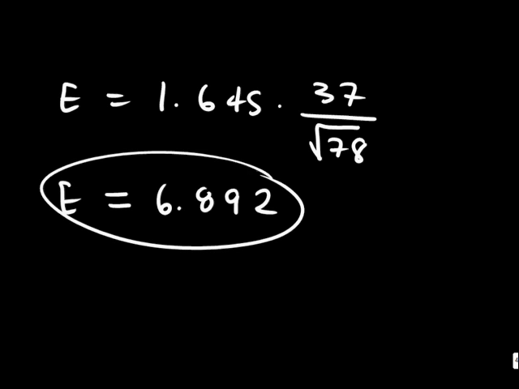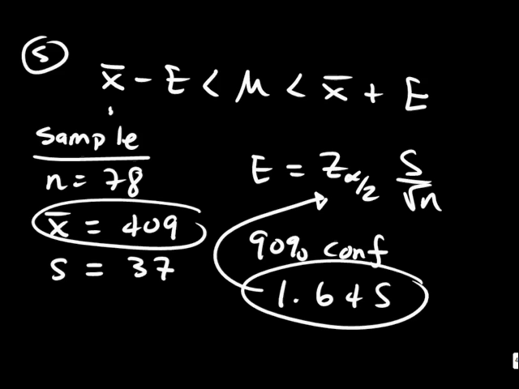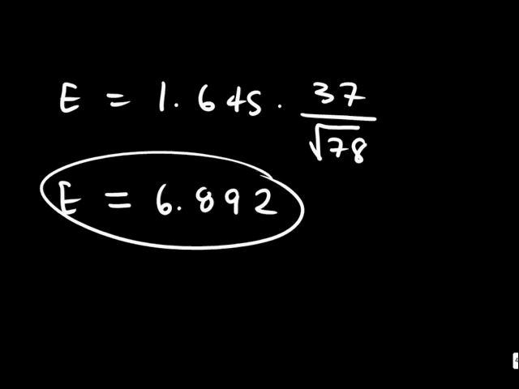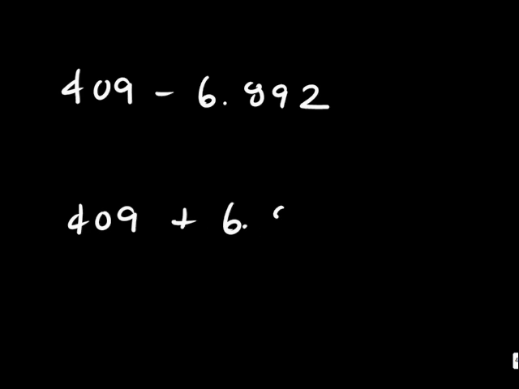So, sample mean is given. We just computed the error. If we subtract and we add, we can answer the question. 409 minus 6.892. 409 plus 6.892. Let's see what we get.